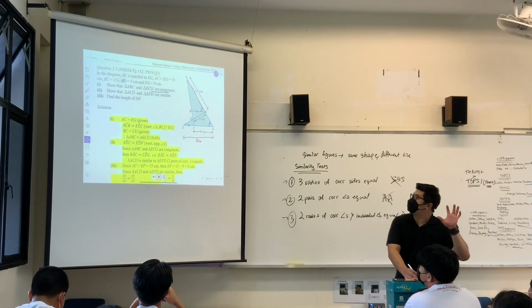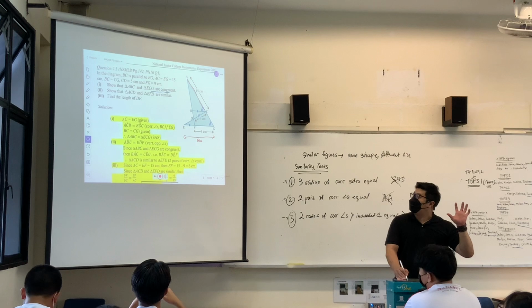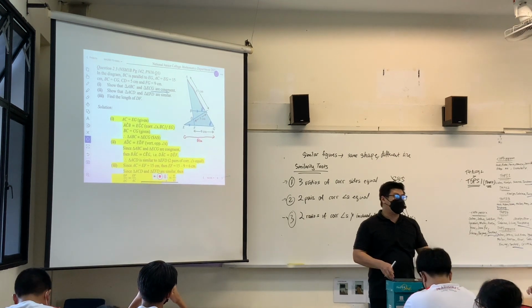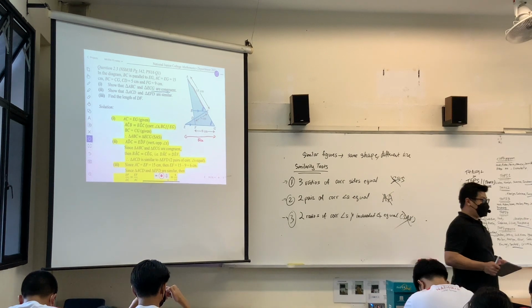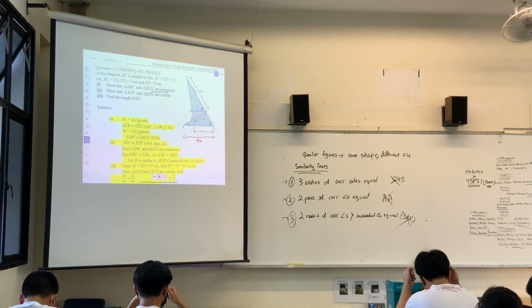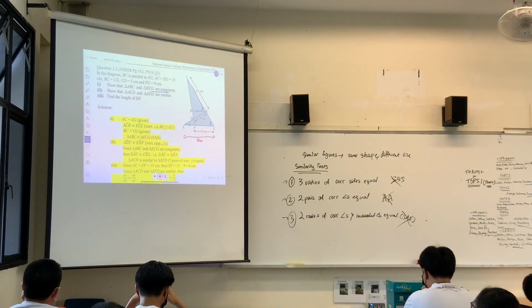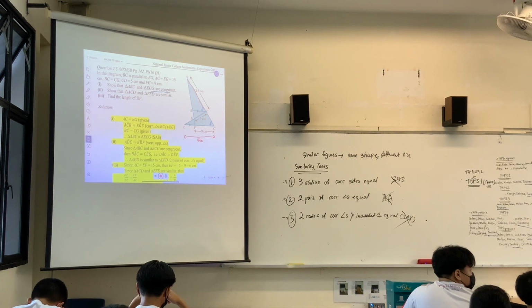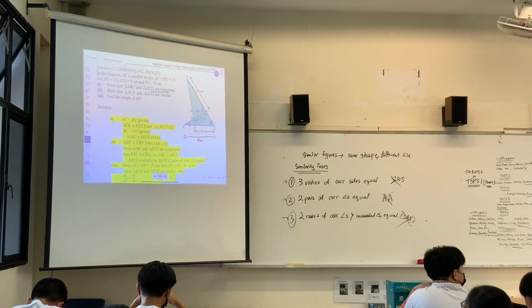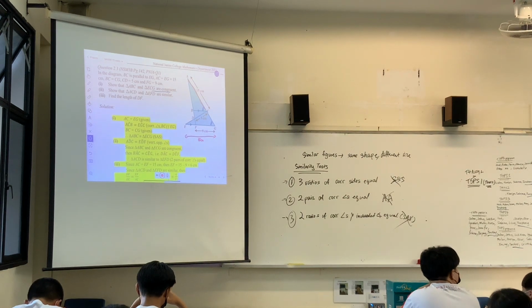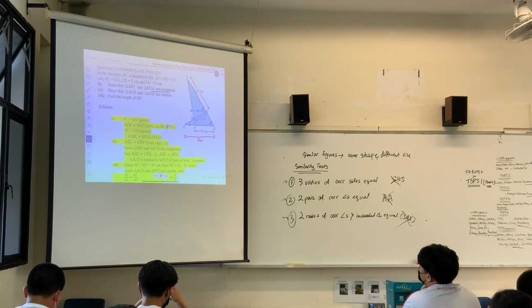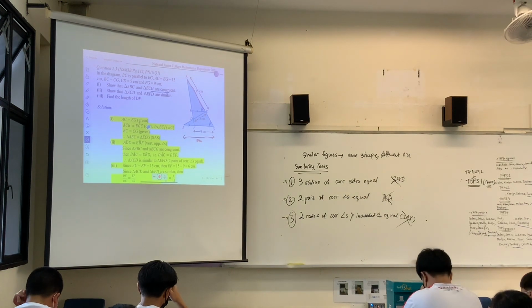If BC is parallel to EG, I also draw the two arrows to show that BC is parallel to EG. Parallel lines can give you a lot of pairs of angles that are equal, for example corresponding angles, interior angles. So from here, these two are equal because of corresponding angles.